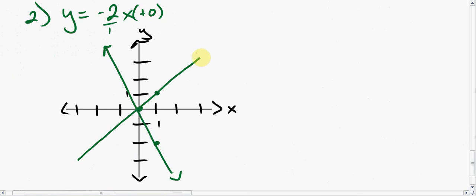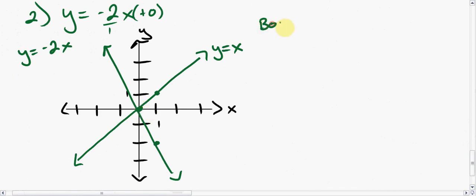Just by looking at this graph, you can see both equations share the same y-intercept, which is at 0. So I've got the equation here, y equals x, and this equation is y equals negative 2x. So let's write some sentences comparing them. We can see both of them share a y-intercept.